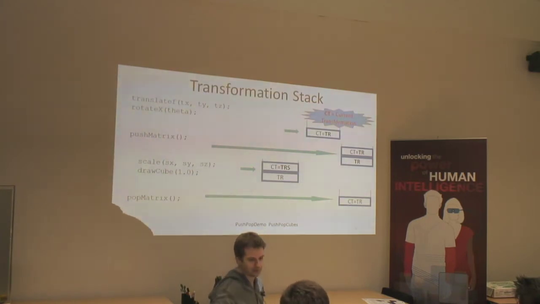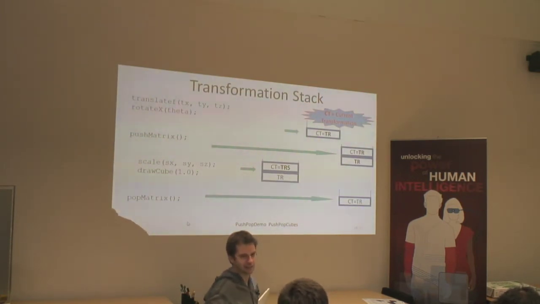In what we're doing here, we have the current transformation, a translate and a rotate, and we push that on the stack, and then we have another one on top of that. Then we do a scale, so the current transformation now has a translate, a rotate, and a scale in it. We draw our cube, and then when we pop the matrix, we take that current one off, and we end up back where we started.